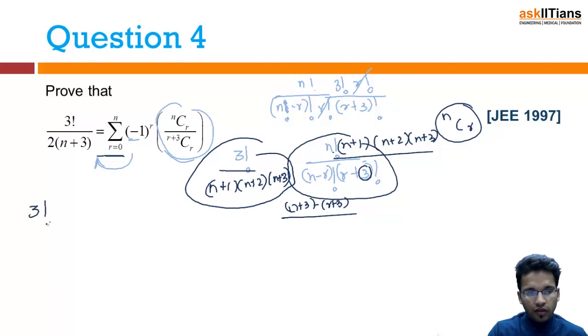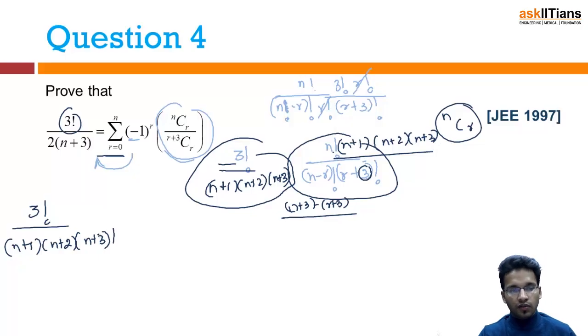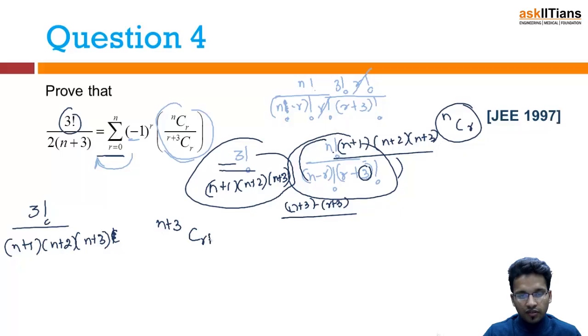And as you can see, 3 factorial is part of our answer, along with n plus 1, n plus 2, n plus 3. We are not touching these things. Now after this, this will become n plus 3 C r plus 3 with an alternating sign. Now I can have a look at the expansion of this series.